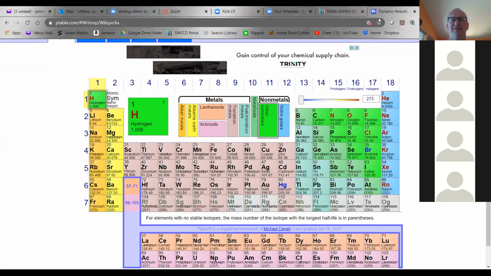The atomic number has a very specific meaning. Is it the number of protons? It is indeed. Yes, it's the number of protons, because it's the number of protons that defines an element.